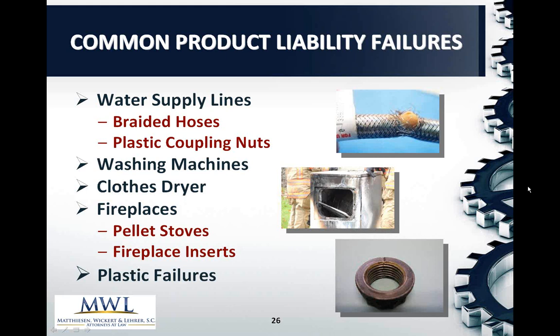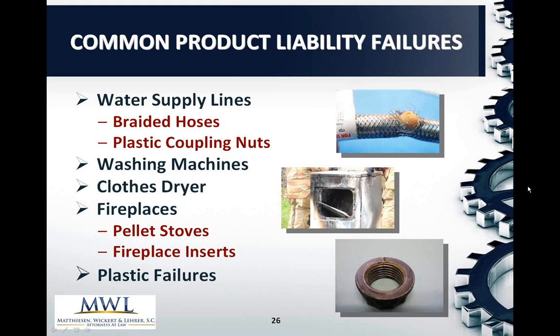The plastic coupling nuts, I like the water supply lines with metal nuts on both ends. The plastic coupling nuts, plastic is a loss point in that some plastics can withstand stress over time. Others are not as capable.